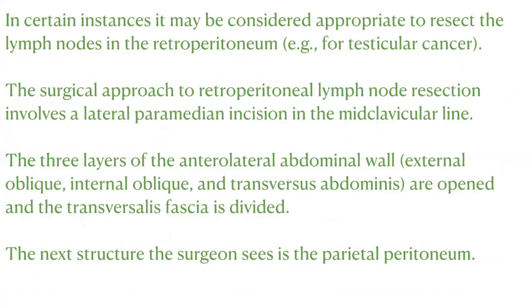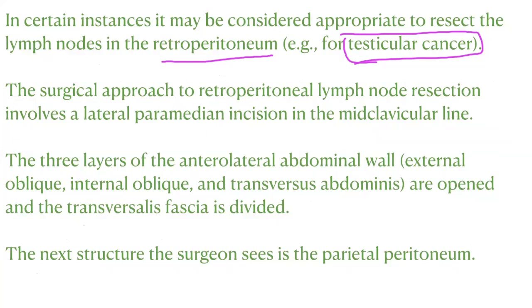In certain instances, it may be considered appropriate to resect the lymph nodes in the retroperitoneum. That means you will remove the retroperitoneal lymph nodes, right? Particularly in testicular cancer, in order to stop the spread of the disease, because the metastasis occurs through lymph nodes and lymphatic vessels.